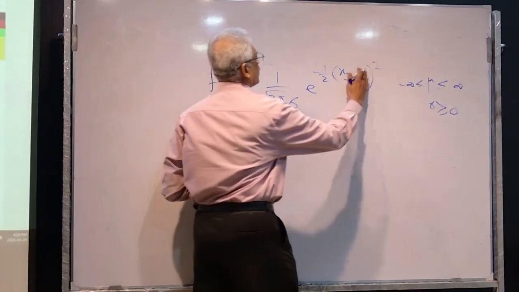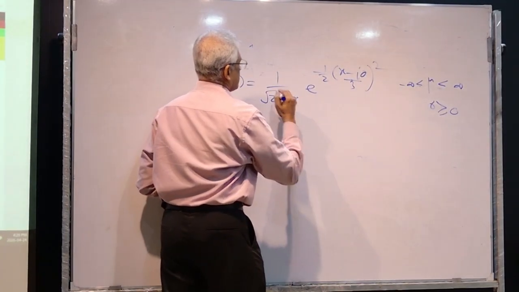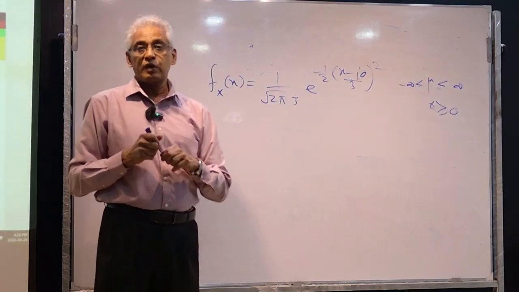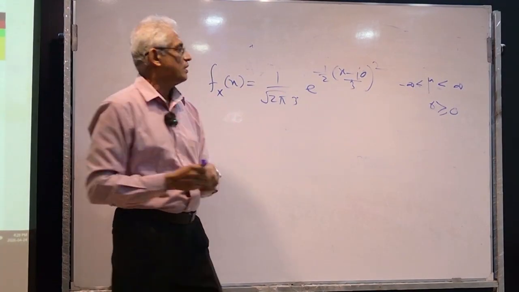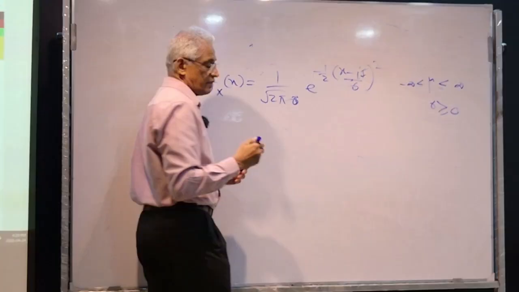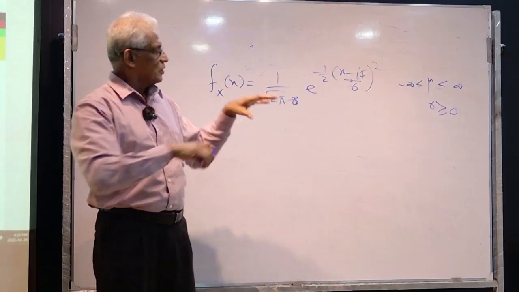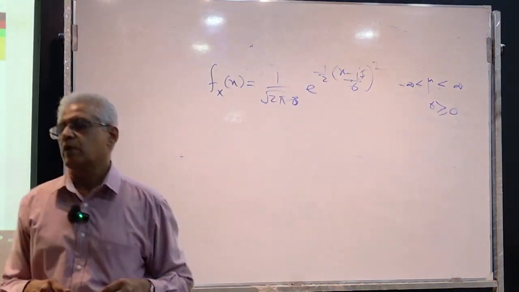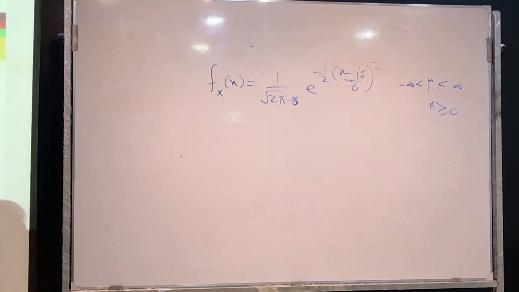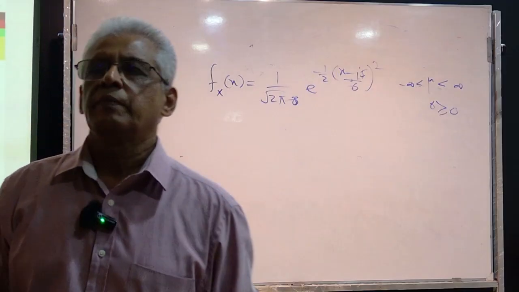For example, if you have mu equal to 10 and sigma equal to 3, this gives you one member of the normal family. If you have 15 here and 6 here, that gives you another member of the normal family. So usually we talk about a family of distributions, and within a family there can be a large number of possible members.